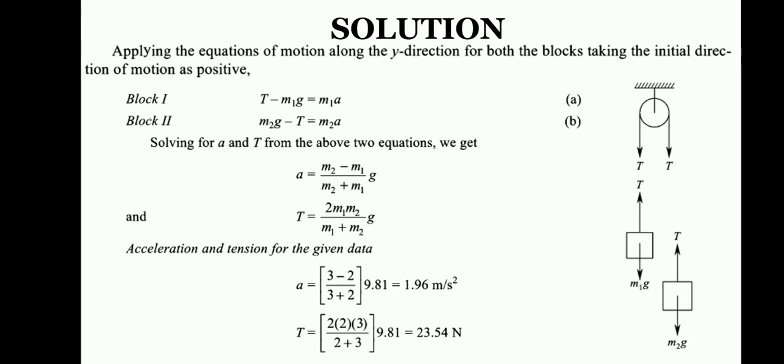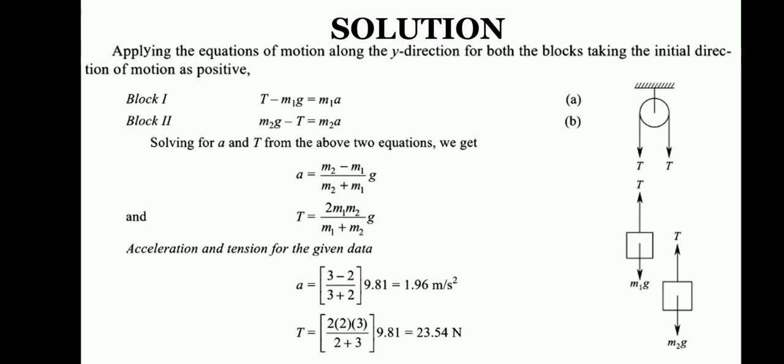So equation B becomes m2g minus, in brackets, m1a plus m1g, equal to m2a. Then by solving, we get the value of a as (m2 minus m1) by (m2 plus m1) into g.